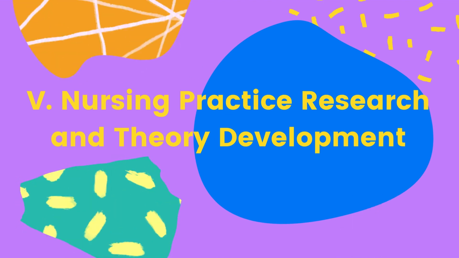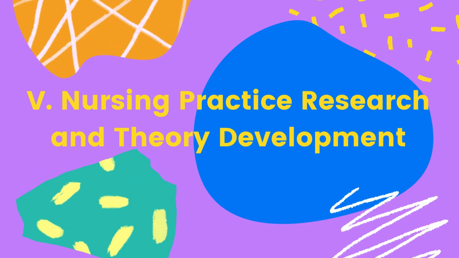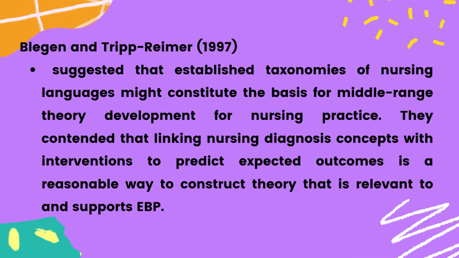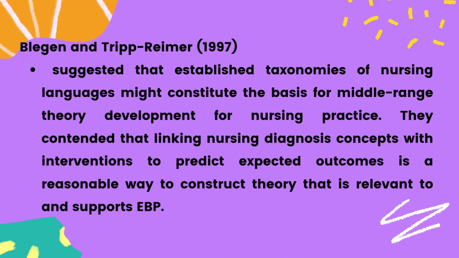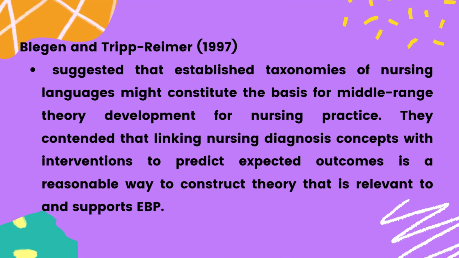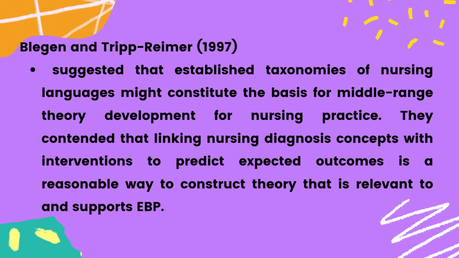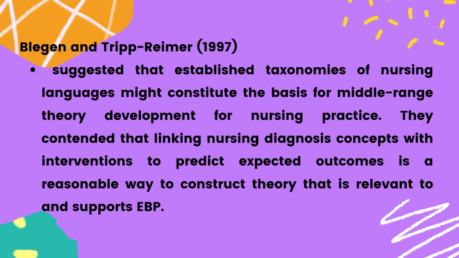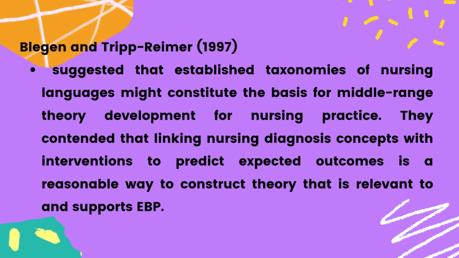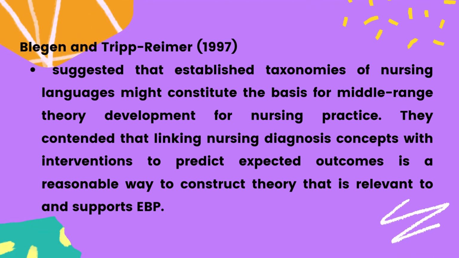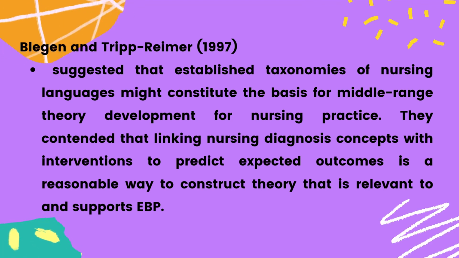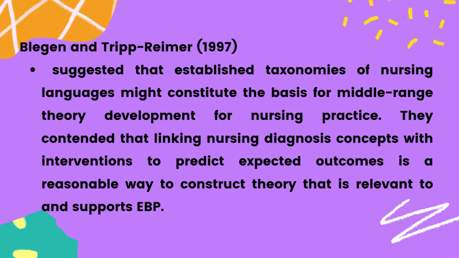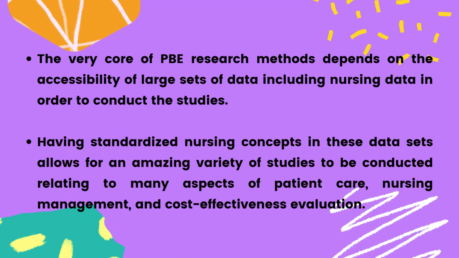The last topic is on the nursing practice research and theory development. So according to Blegen and Tripp-Reimer in 1997, who suggested that established taxonomies of nursing languages might constitute the basis for middle-range theory development for nursing practice. So they contended that linking nursing diagnosis concepts with interventions to predict expected outcomes is a reasonable way to construct theory that is relevant to and supports evidence-based practice.